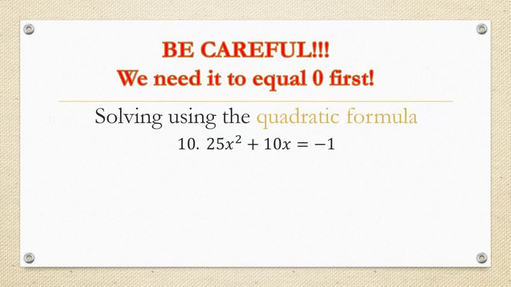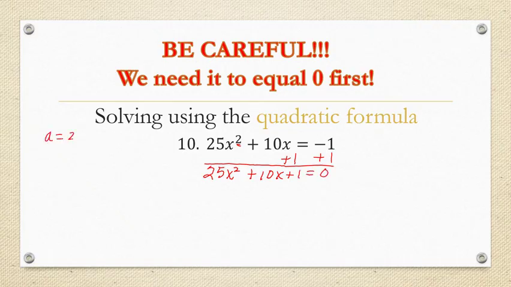All right, sometimes, you guys, the quadratic is not set equal to 0. It's a quadratic because it's a 2, but it's not set equal to 0. So you're going to have to add 1 to both sides before you can pick out your A, your B, and your C. All right, so A is 25.